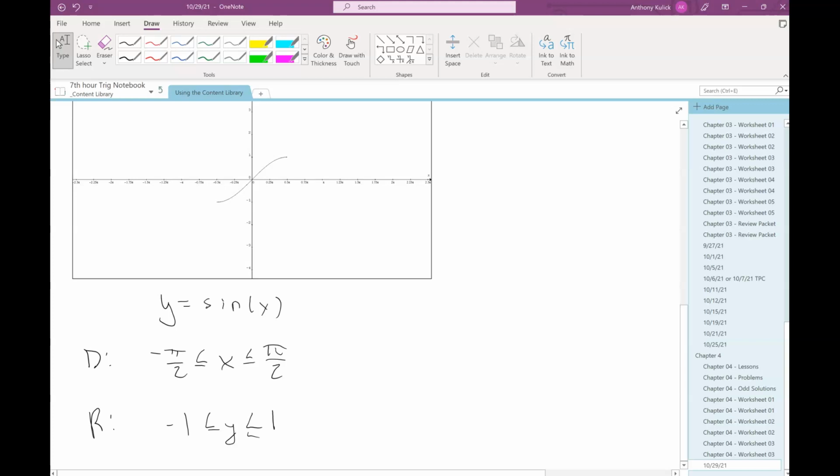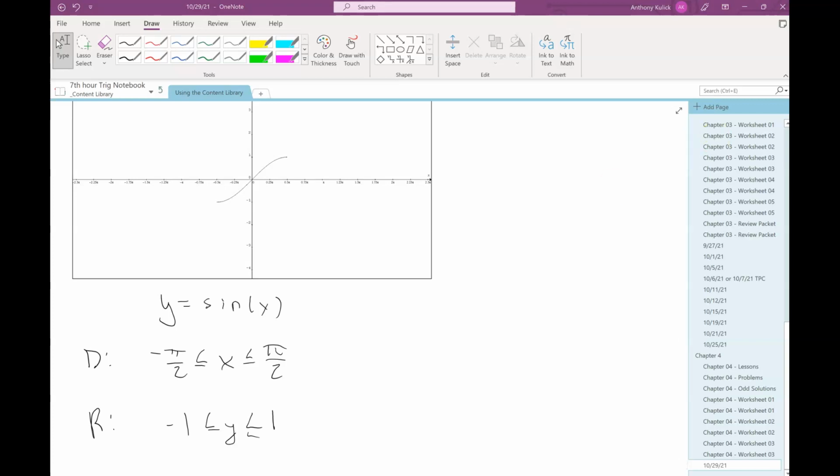Now the domain just goes from negative pi over 2 to positive pi over 2, and the range goes from negative 1 to positive 1. But there are no repeated y coordinates anymore, right? We just chopped off one section. We're just going to consider this one section. Everybody's okay?